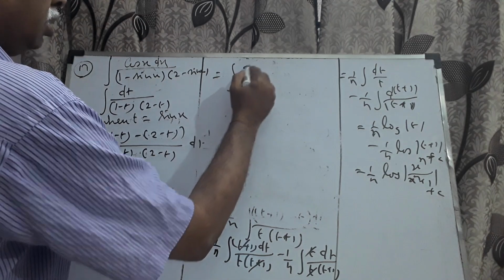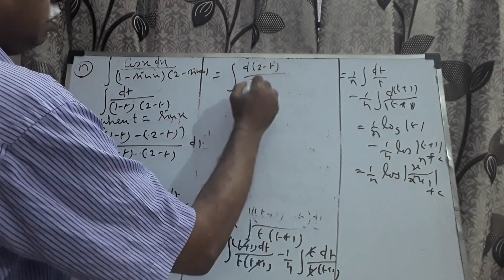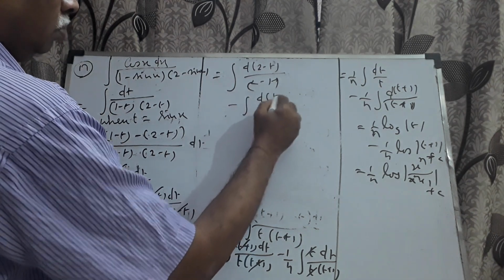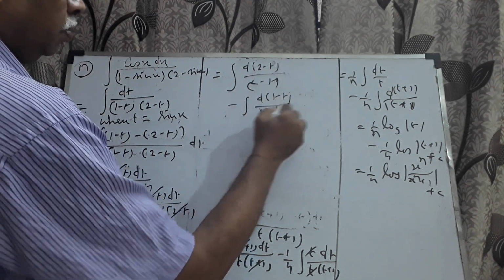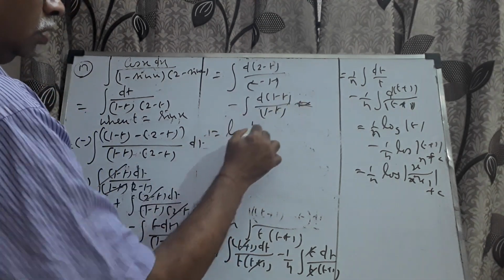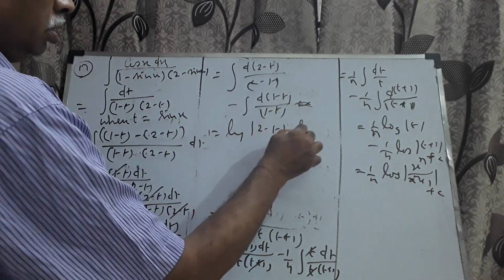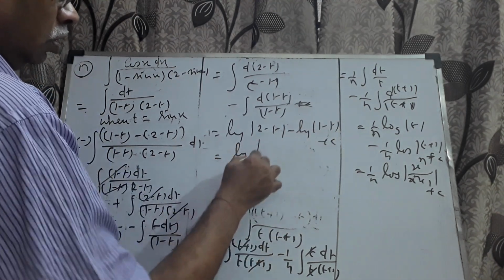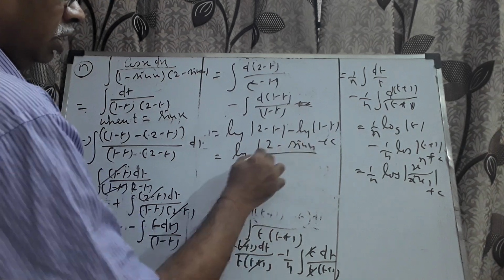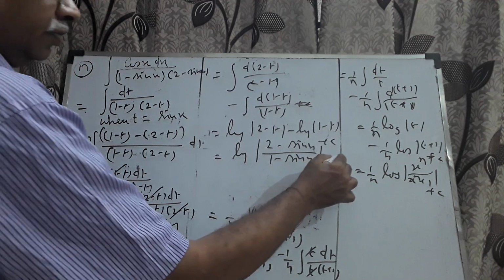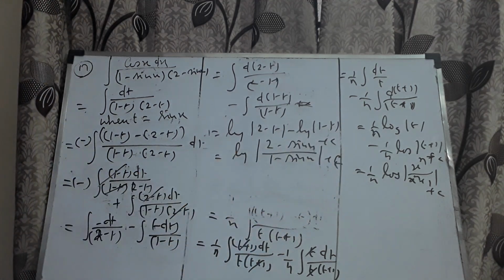Therefore, this can be written as d of 2 minus t by 2 minus t, minus d of 1 minus t by 1 minus t, plus c. This is log mod 2 minus t minus log mod 1 minus t plus c, which is log mod 2 minus sin x by 1 minus sin x plus c, the final answer.